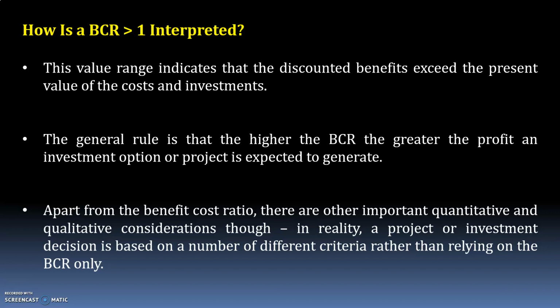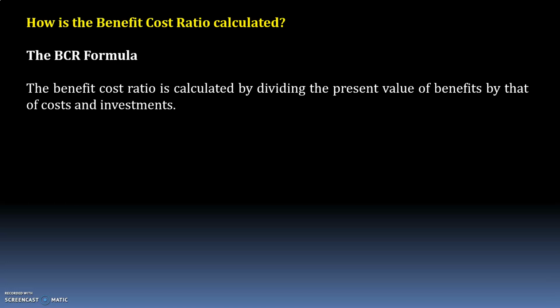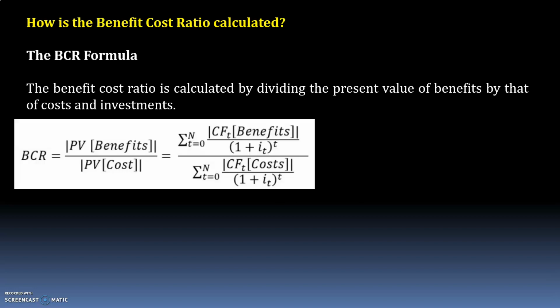So, how can you calculate this BCR or benefit cost ratio or cost benefit ratio? The benefit cost ratio is calculated by dividing the present value of benefits by that of cost and investment.